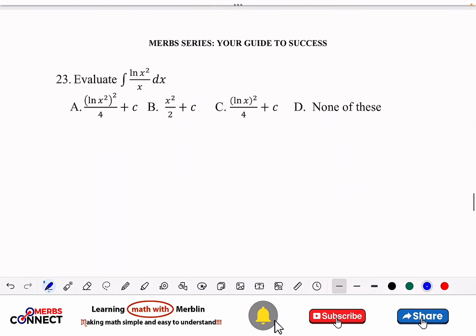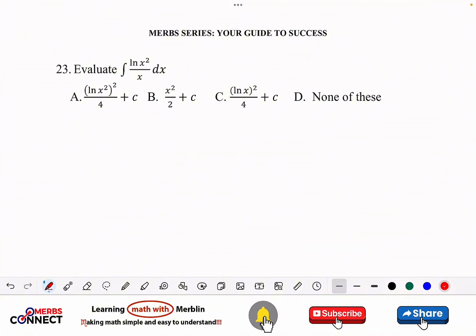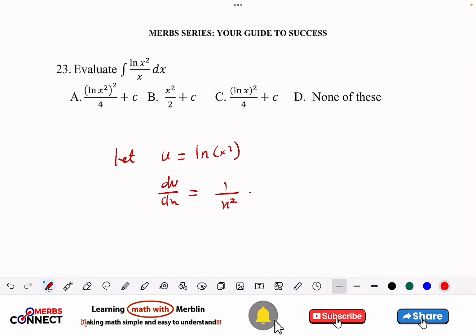Let's look at 23. Now with 23, we want to look at this. So how can we do this? The same idea, we can let u be equal to the natural log of x squared. So du over dx will be equal to 1 divided by x squared times 2x.